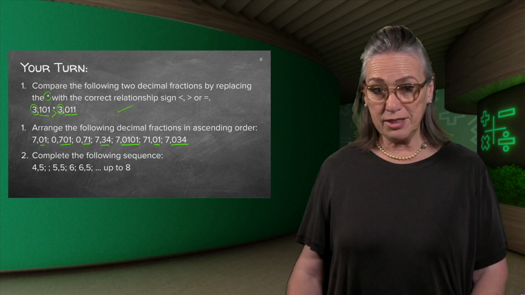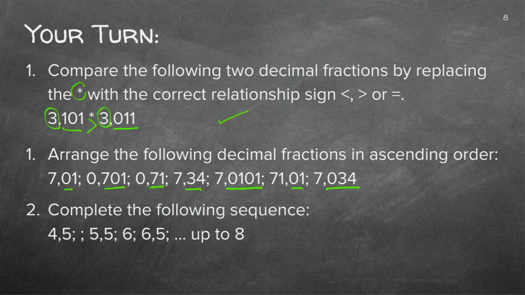Now there was a last question. They ask us to complete the following sequence. So there's a 4.5 and there must be a 5. So it's a 4.5 and a 5 and a 5.5 and a 6 and a 6.5 up to an 8.